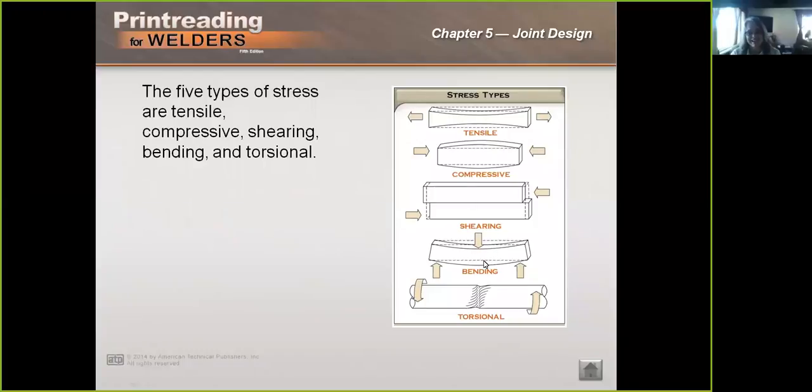That's exactly what you think. You've got a long span, and that's to flex and bend. And then you've got torsional stress, which is like a wringing motion. So this torsional stress occurs when you've got a shaft in a rotating application.